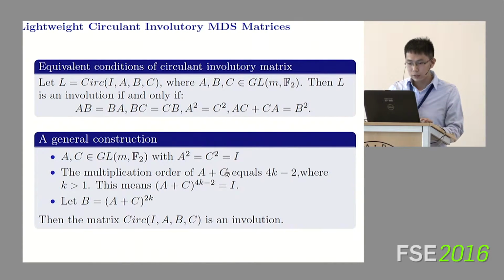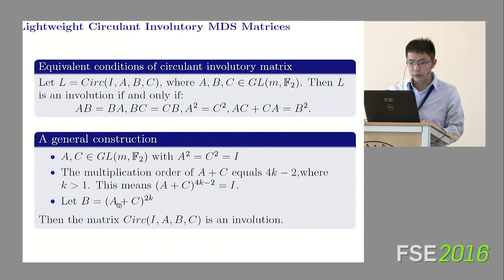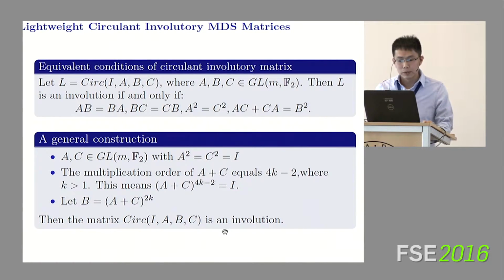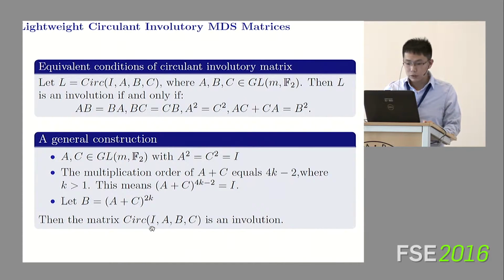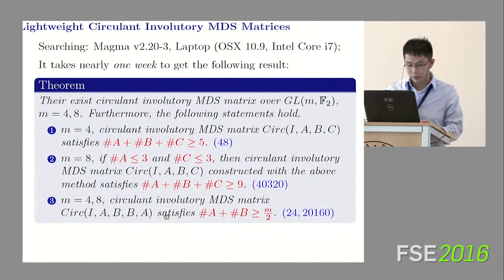By using these conditions, we give a general construction. This construction also reduces the search space because the entries of B are computed from A and C, and A and C are restricted to involutions. Following this construction, we will always get a circulant involution, and we only need to test whether it is MDS or not.